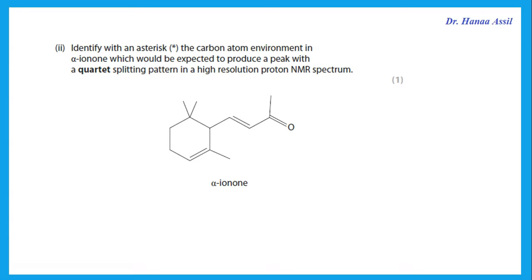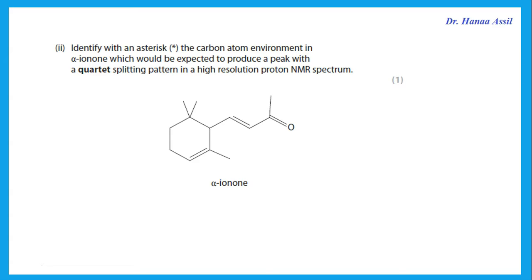Identify with an asterisk the carbon atom environment in this compound, which would be expected to produce a peak with a quartet splitting pattern in a high resolution proton NMR. So where do we have a proton that will be a quartet?